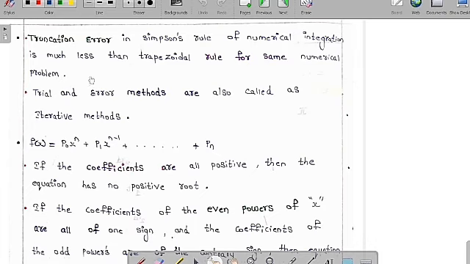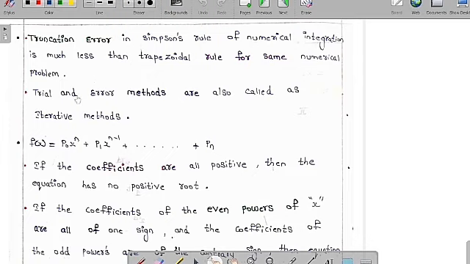If you take any equation and go for the two methods, the trapezoidal method and the Simpson's method, then the error between the exact value and the approximate value that you get with the trapezoidal rule is more than with Simpson's rule. So we can say simply the truncation error in Simpson's rule of numerical integration is much lesser than in the trapezoidal rule for the same numerical problem.